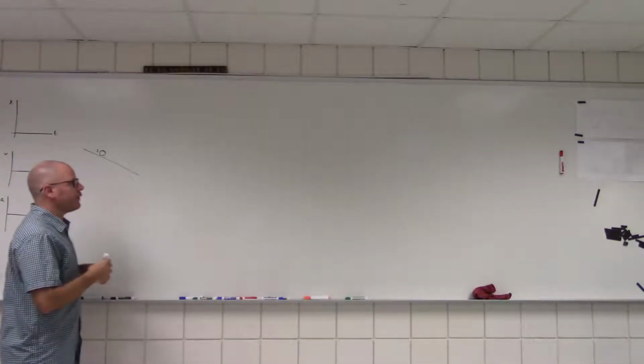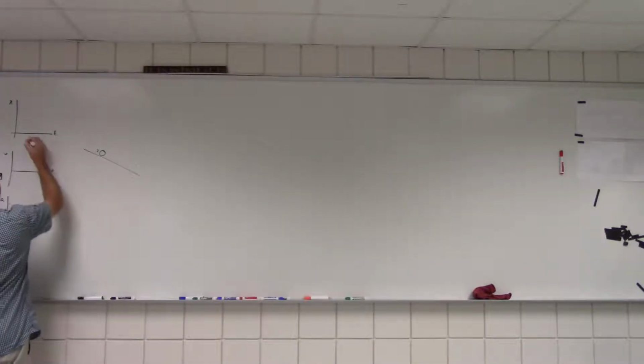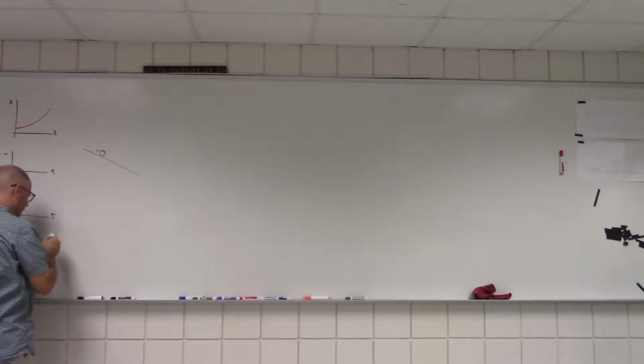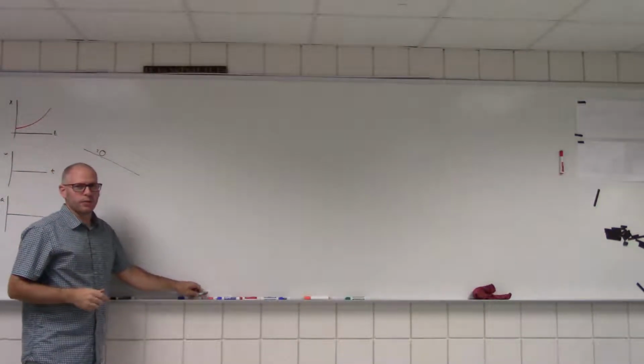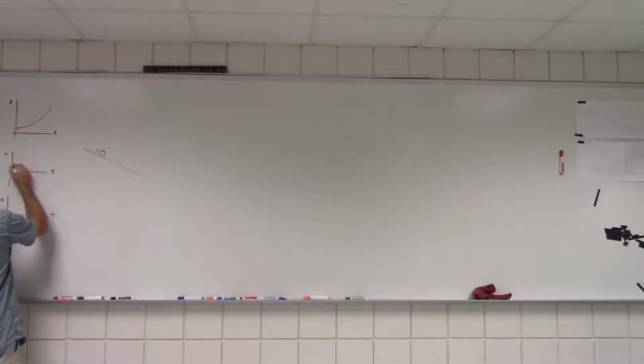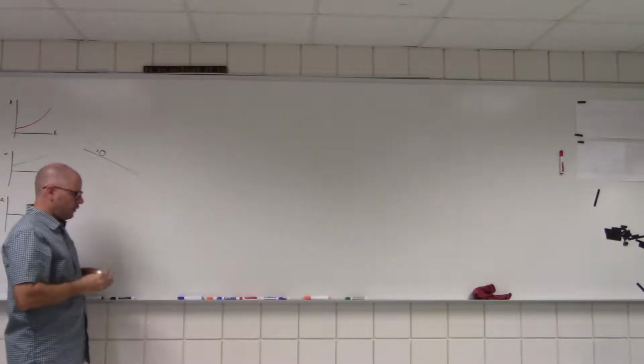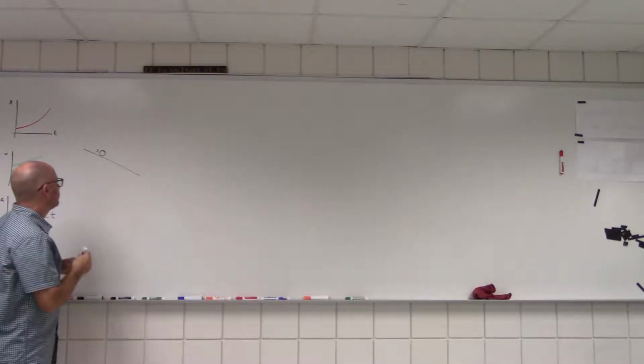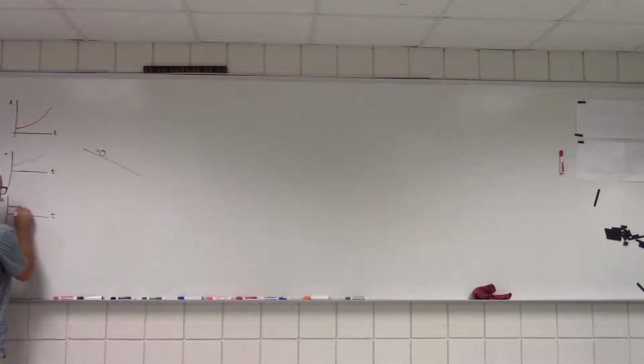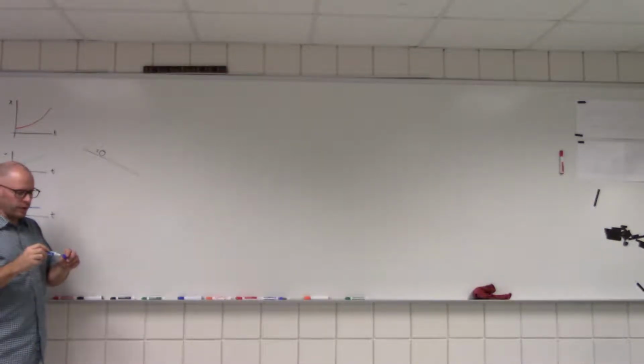These graphs all have shapes we're familiar with. Position is a parabola. Velocity is linear. Acceleration is horizontal.